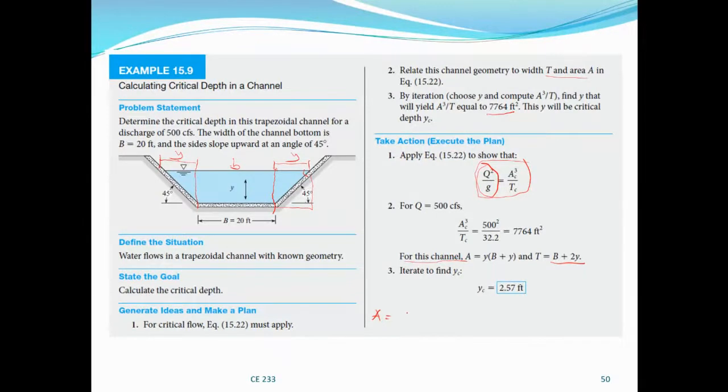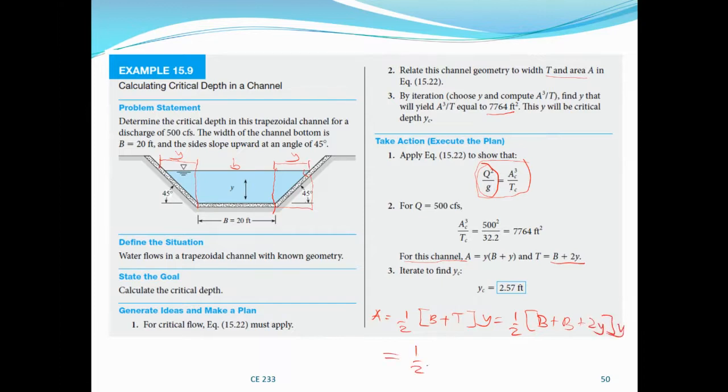And the area of a trapezium is half the sum of the parallel sides times height. The parallel sides will be b plus the top width, times the height, which is y. Then this is half, b is b, and T is b plus 2y, times y.